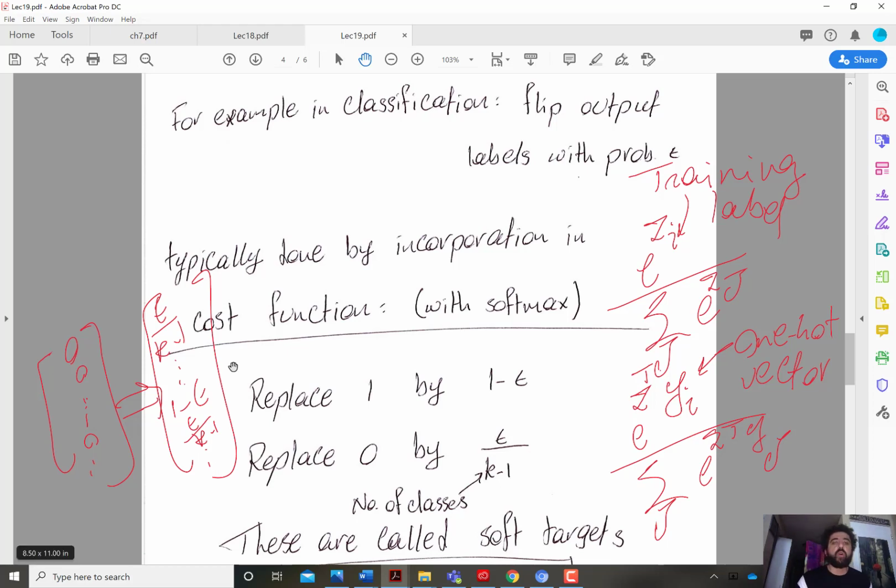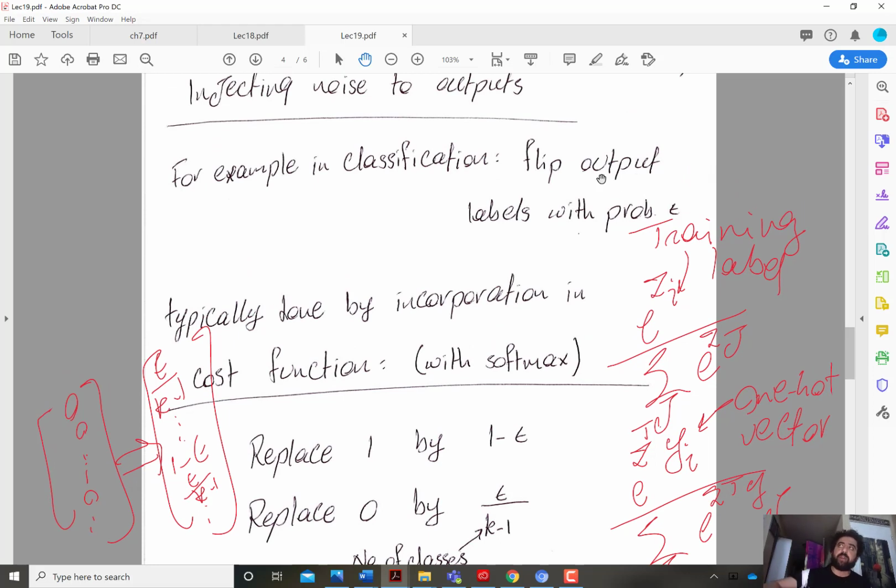Sounds good? So this is typically much more effective, especially if the training set is small. Because when I flip the outputs instead of changing the softmax, it's as if I'm doing that same distribution but empirically, and the empirical distribution approaches the true distribution if the number of examples is large.